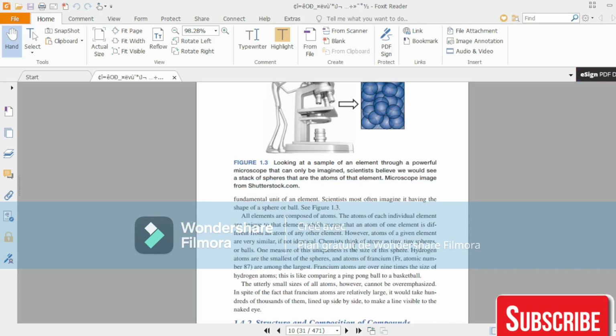Chemists think of atoms as tiny spheres or balls. One measure of this uniqueness is the size of this sphere. Hydrogen atoms are the smallest of the spheres, and atoms of francium, Fr, atomic number 87, are among the largest. The francium atoms are over 9 times the size of hydrogen atoms.